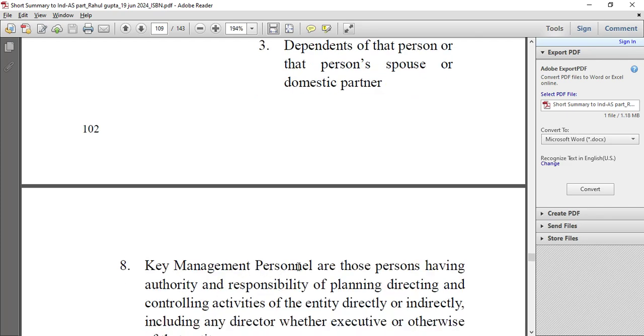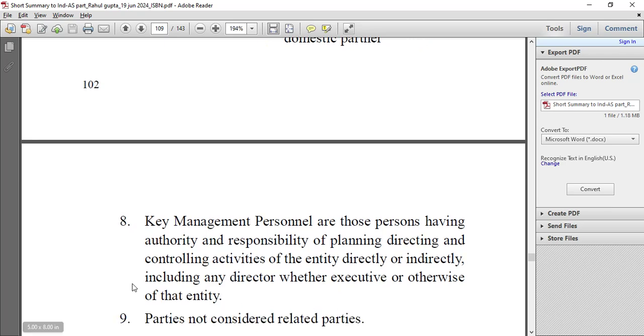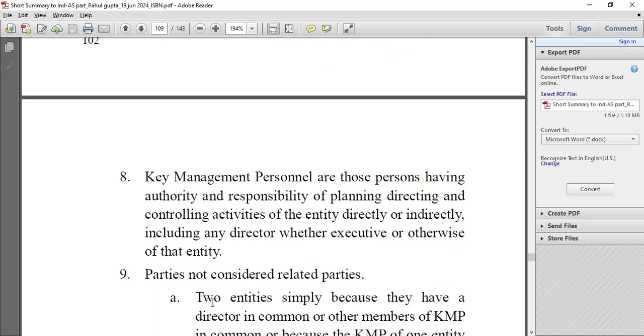Key management personnel are those persons having authority and responsibility for planning, directing, and controlling the activities of the entity, directly or indirectly, including any director, whether executive or otherwise, of that entity.